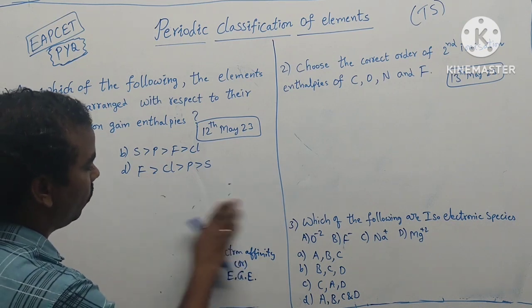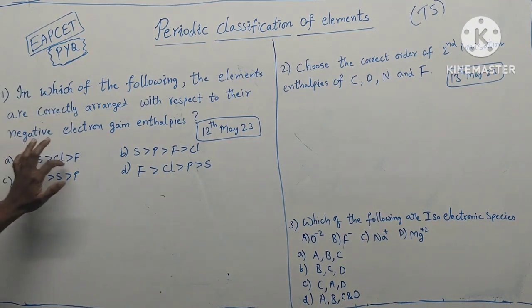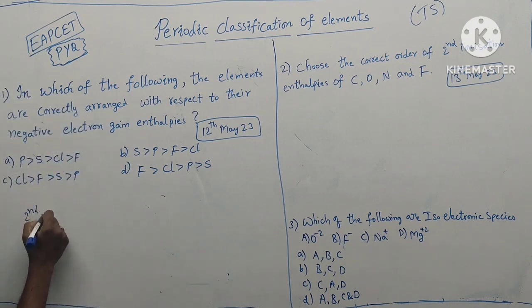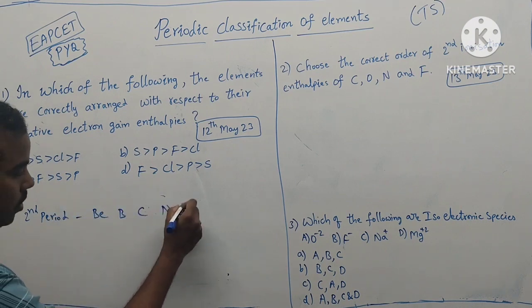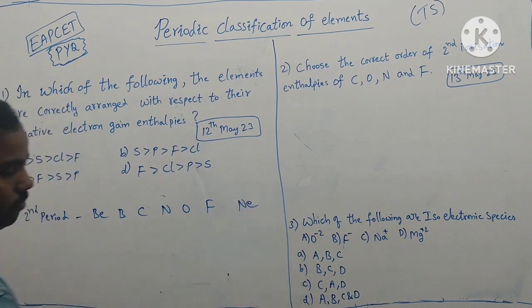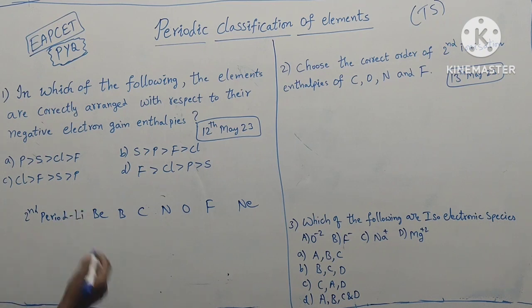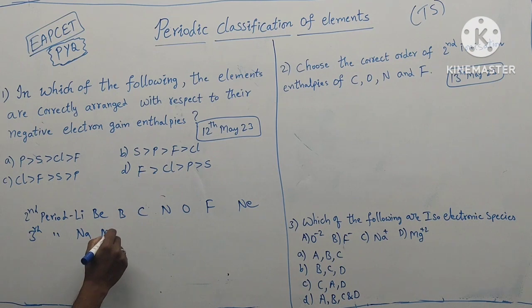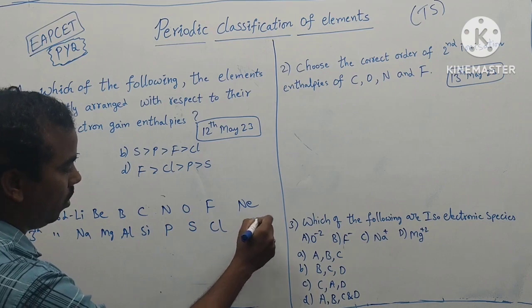So if you take the given elements, phosphorus, sulfur, chlorine and fluorine. Second period elements are lithium, beryllium, boron, carbon, nitrogen, oxygen, fluorine, neon. Third period elements are sodium, magnesium, aluminum, silicon, phosphorus, sulfur, chlorine, argon.